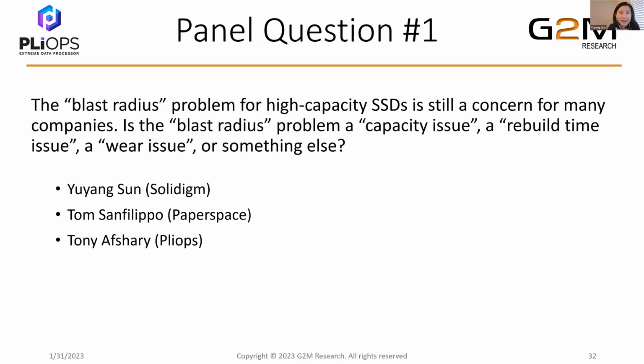So yeah, as I mentioned earlier, I think blast radius is a combination of all of these, right? As SSD or storage device density gets bigger and bigger, first of all, drive failure is inevitable, and as a data center architect, you have to take that into consideration when you build your system.